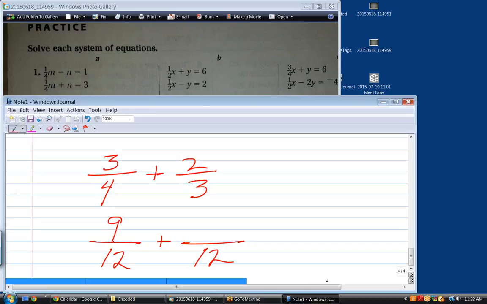And then check that fraction and make sure that it's the same fraction, that we haven't changed it. Because that's the whole goal here. We can write these fractions in numerous ways, and they're the same. But if I wrote 8/12, it wouldn't be the same number. So always do that check when you've converted something to a least common denominator. What goes here? 8. That's the answer.